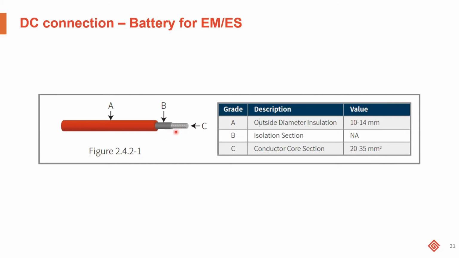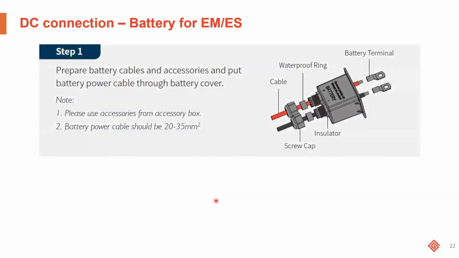So here we give you typical recommendations on how to strip the battery cables, and because the battery cables are quite large, the standard MC4s or the standard Sunclix Phoenix contact connectors aren't large enough to crimp around these size cables.